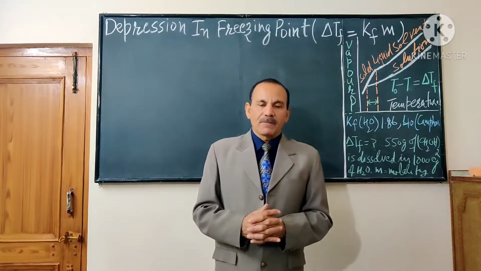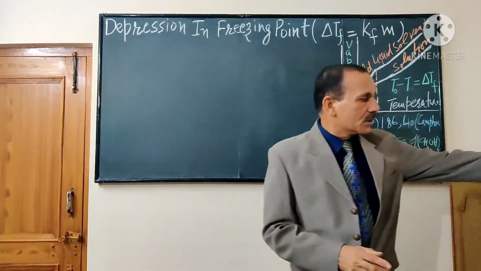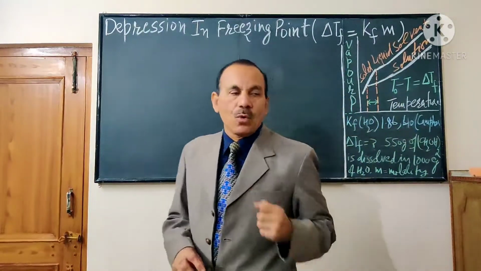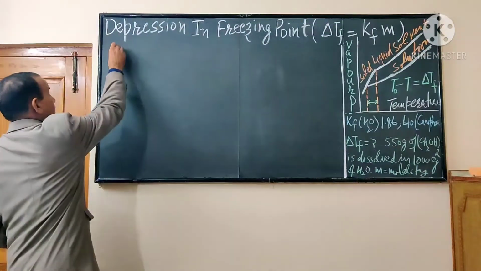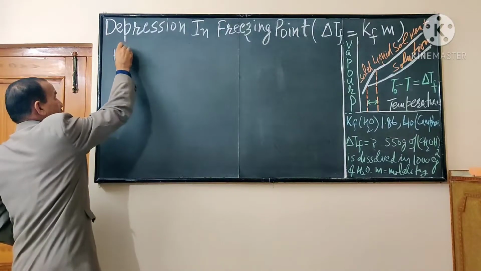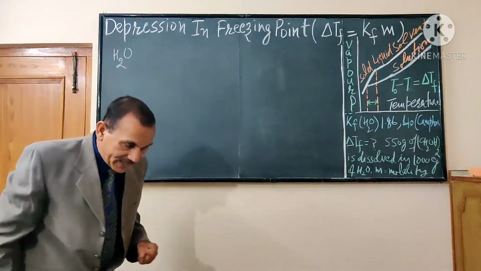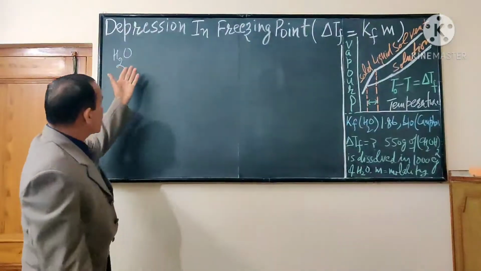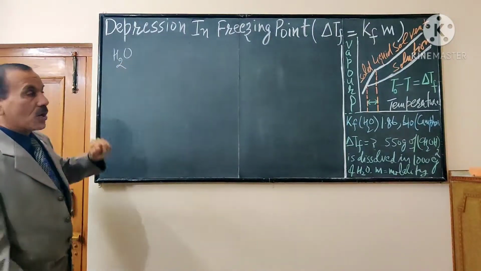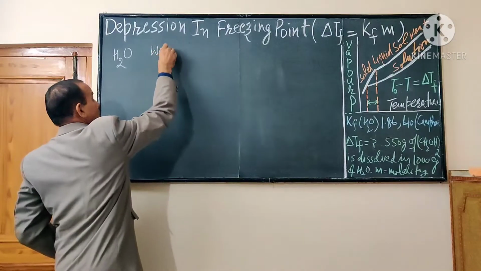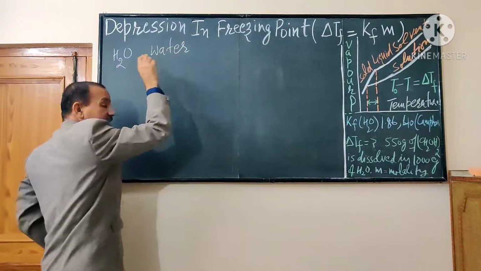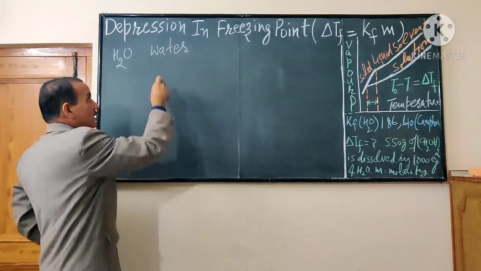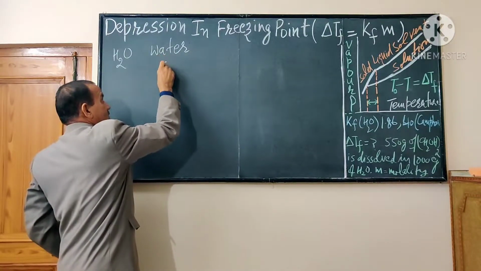For example, in the case of the compound H2O, dihydrogen oxide or hydrogen oxide, the liquid state of this compound is known as water, and the solid state of this compound is called ice.